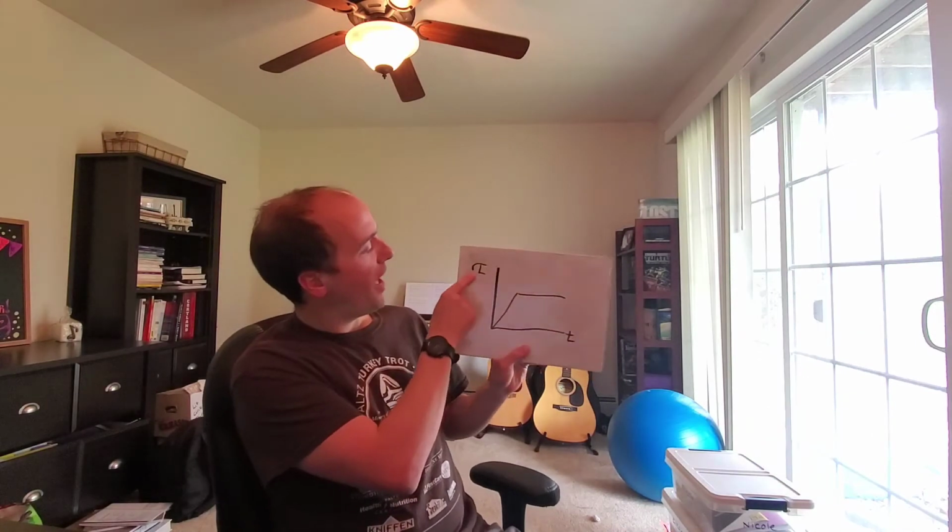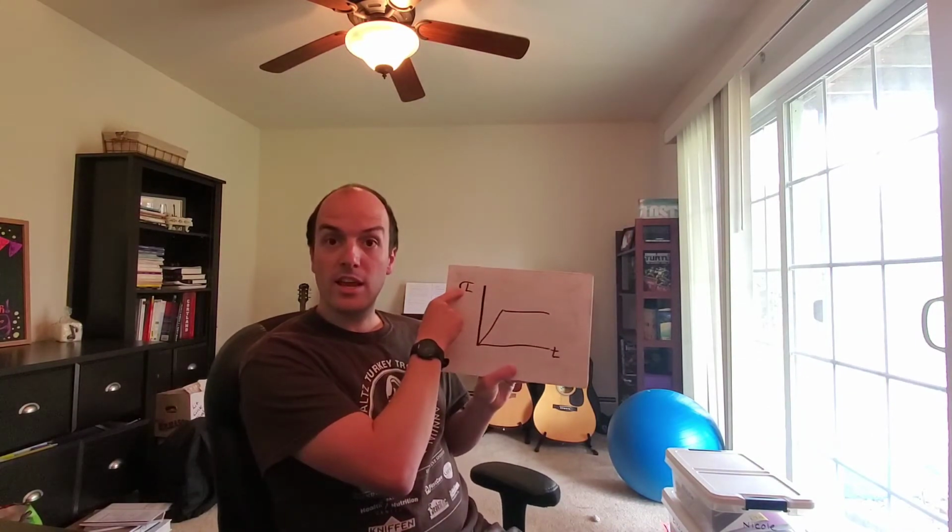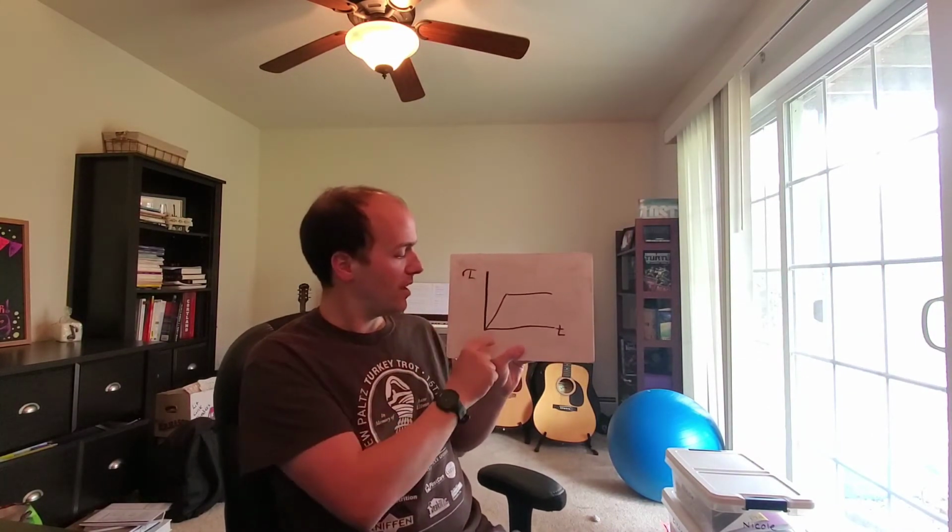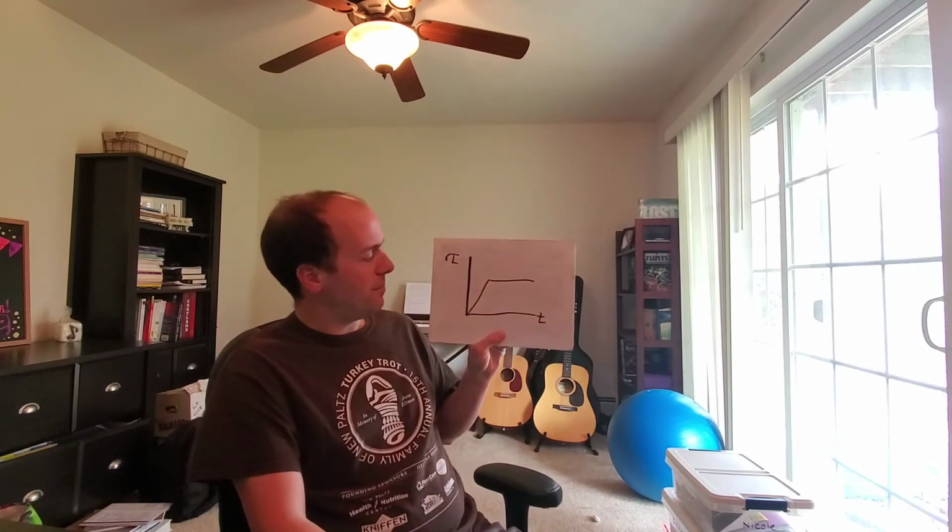Okay, now, another way they can ask you about angular impulse is through a graph. They might do something like this. I'm just going to make a very generic graph here. On the y-axis is our torque, and on the x-axis is the time.